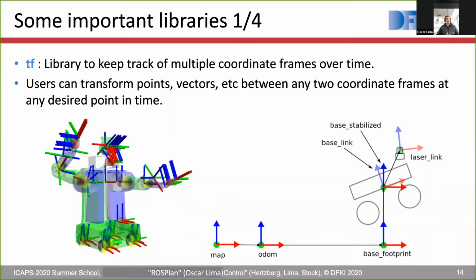So you will likely attach a frame to that object. And because you know the transformation between the camera and the object, you can make a transformation and know the relative position of the object with respect to the arm, for example, so that you can pick it. This transformation library will perform this computation for you, and you can transform points, vectors, point clouds, and many more things, laser scanner data, between any 2 coordinate frames that belong to the same transformation tree.